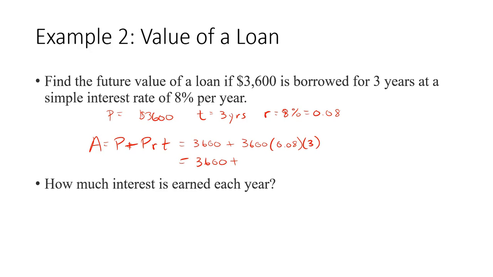If we multiply 3,600 times 0.08 times 3, we get $864, add 3,600, and the future value of the account after 3 years is $4,464. To figure out the amount of interest that's earned each year, well, the amount of interest that would be earned 1 year is just the principal times R times 1, or 3,600 times 0.08 times 1, or $288.